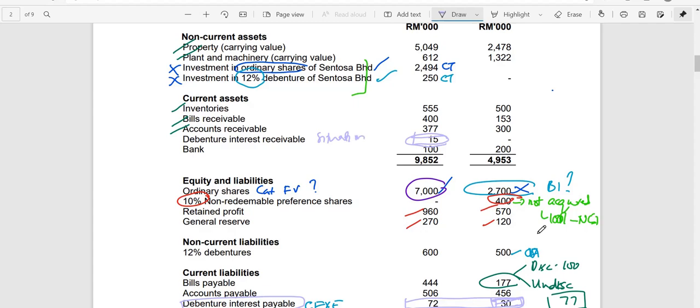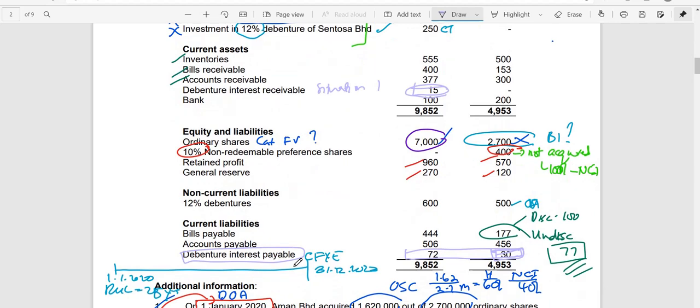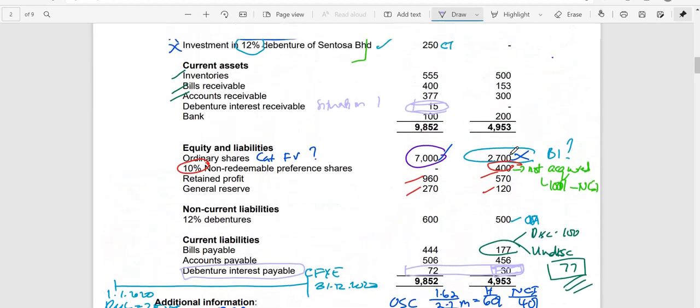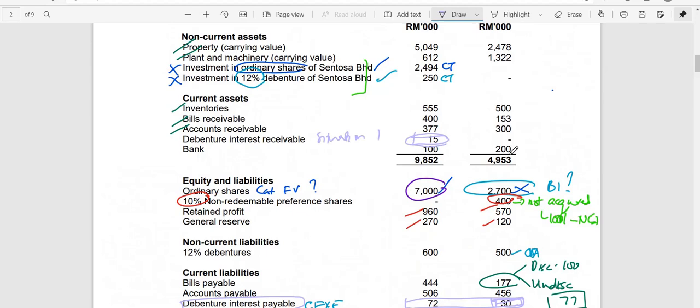So this is situation 1: both parent and subsidiary have recorded. The interest has been recorded by the subsidiary, and the parent has also taken credit of the share.